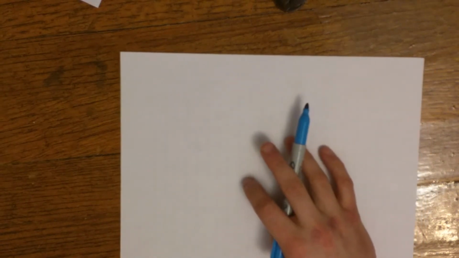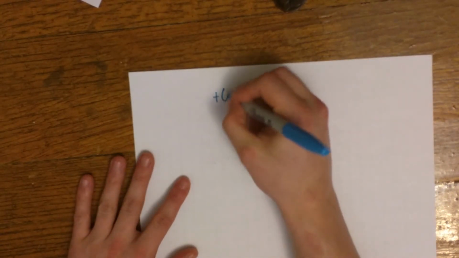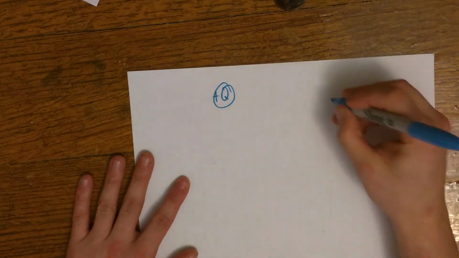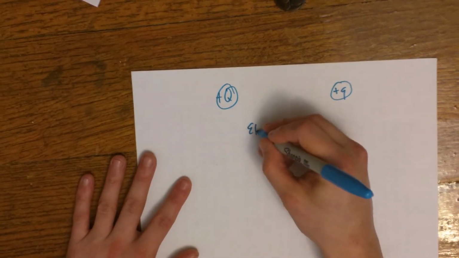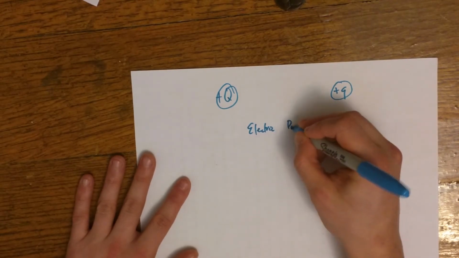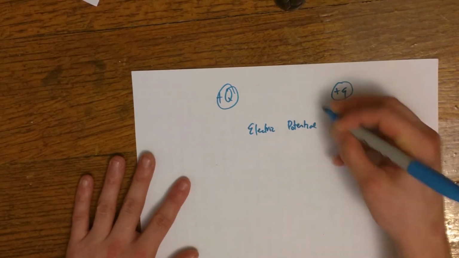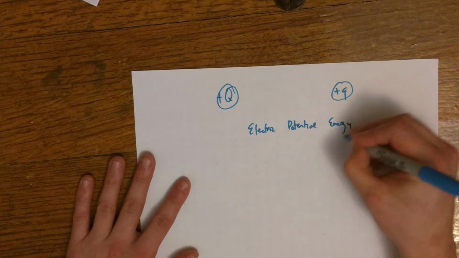So my electric potential energy in the system, here I'm looking at positive Q and positive little q. It's going to be so crucial that we make sure that we're saying that this is an energy.